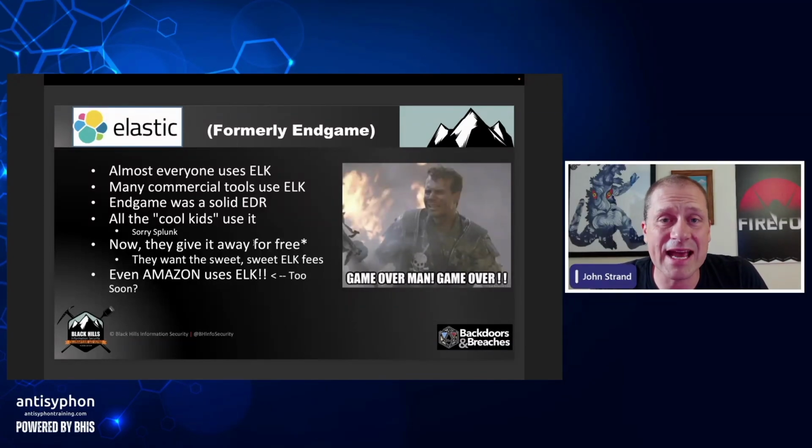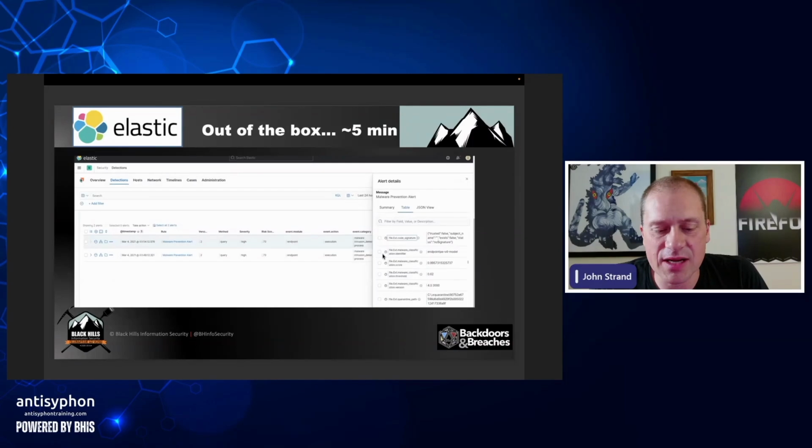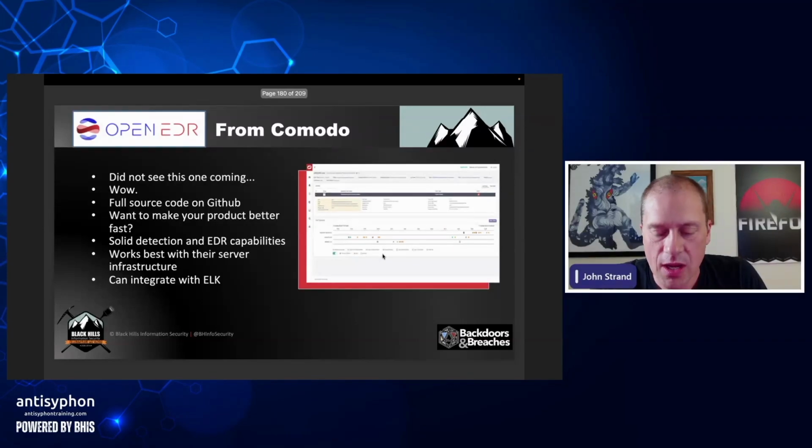So check it out. Very easy to install. Super simple. You just download the agent, you run the agent with an enrollment token, and it automatically ties it into your environment. Out of the box in 5 minutes or less, you can be doing full malware detection with Elastic Agent. It's just very slick.